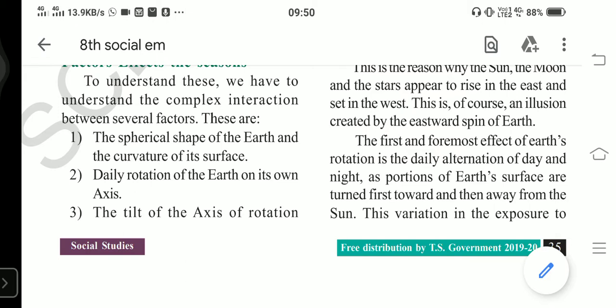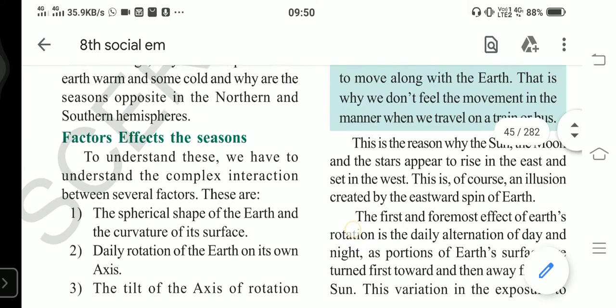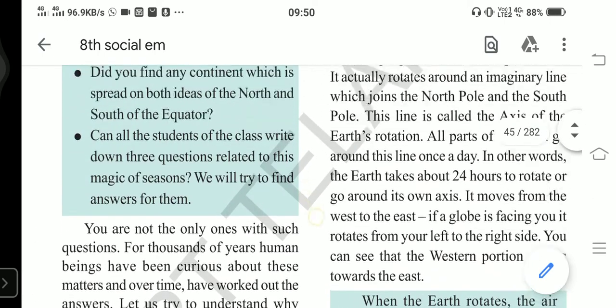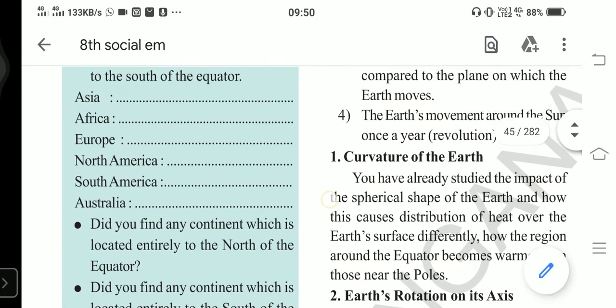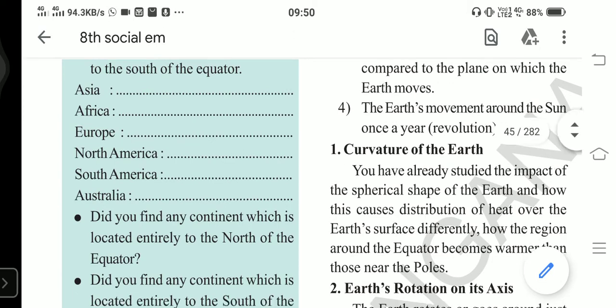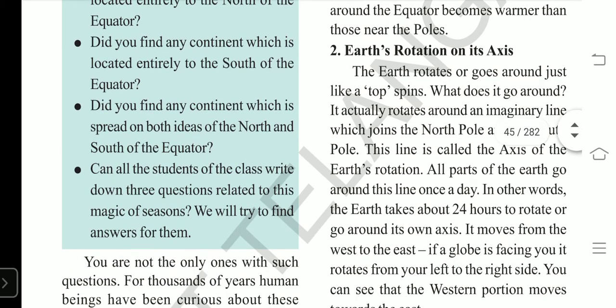Third is the tilt of the axis of rotation compared to the plane on which the earth moves. The fourth is the earth's movement around the sun once a year, which we call revolution. So let us see each and every one of these four factors which influence the season, right?